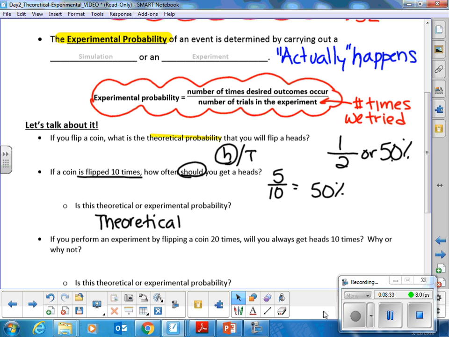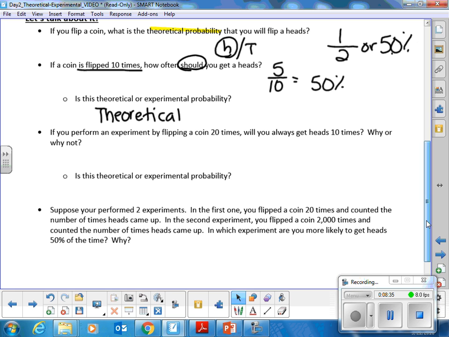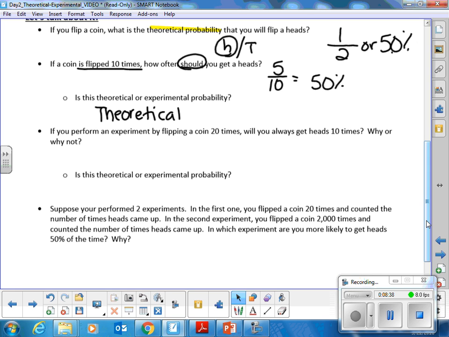So let's keep looking. If you perform, here we go, if you perform an experiment, this is key. If you perform an experiment by flipping a coin 20 times, 20 times is our total. Will you always get heads 10 times? Why or why not? What do you think? If I always do it 20 times, am I always going to get 10?